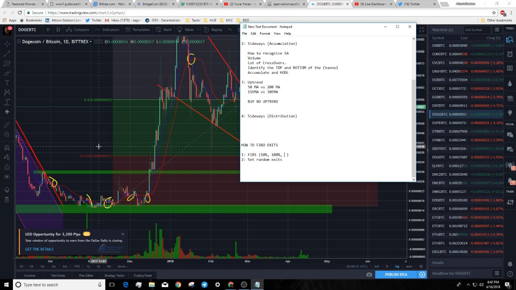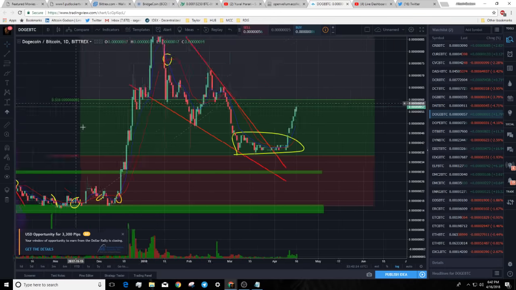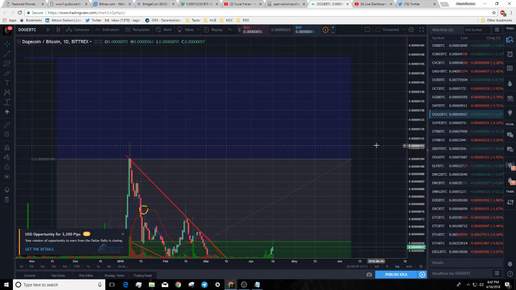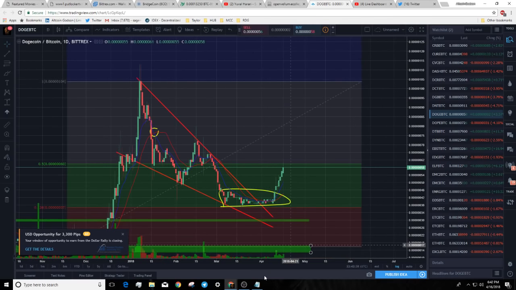Then you have the fib extension. People like the 1.6 extension, which I've added to this chart to show you where that goes. So the 1.6 for Dogecoin in this case would be 160 satoshis. I have a Doge bag. If that actually happens, I'll be excited.